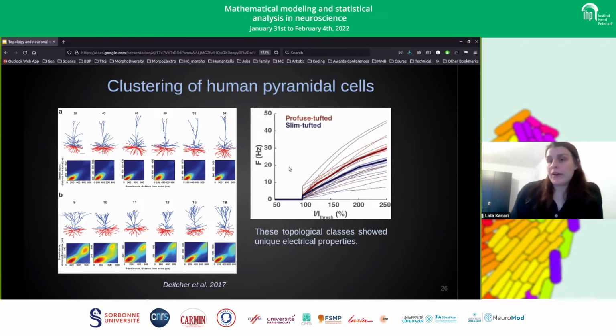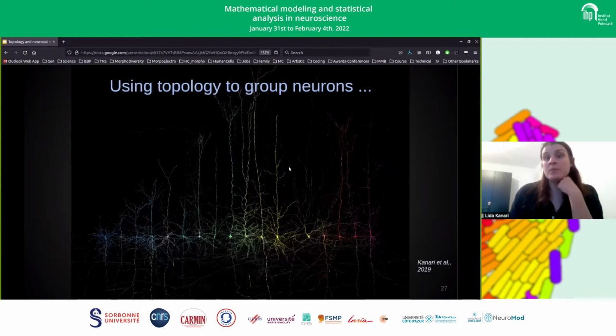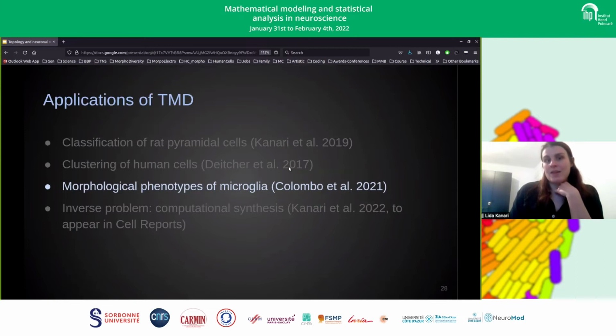They fire at different rates, which is something we are still trying to figure out, why this is happening and how these 2 types are different. But apparently the shape is important for their firing properties. So we use topology to group neurons so far.